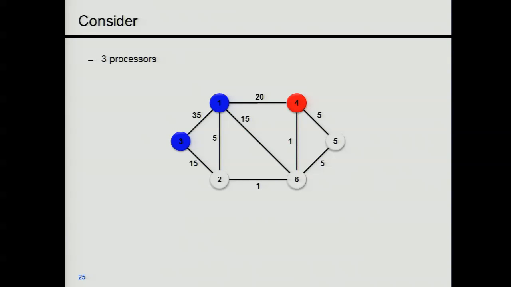Now 1 and 2 will match, and 4 will still be scheduled, but its next edge is 5 and 1. But the heaviest edges are 15, this edge and this edge.